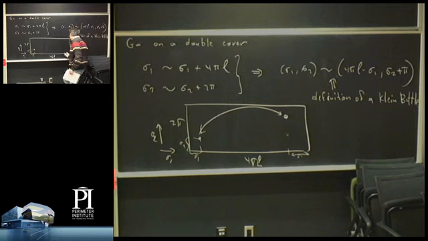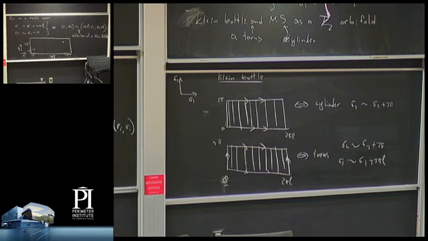So I have to go a distance sigma 1 here, and then I have to add pi towards this point. So this is going to be an image of this point under the Z2 action. And so in order for me to get the Klein bottle, I have to make this type of identification between points in this double cover region.